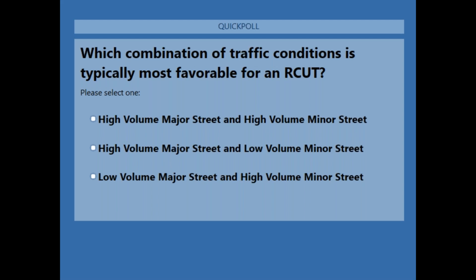And yes, when we think about the need for signalization, it's not just total volumes, but truck volumes that we need to consider, because a truck does need a longer gap to make the U-turn maneuver. So lighter truck volumes making the U-turns versus heavier truck volumes can certainly make a difference in terms of where we might decide the tipping point is from going to non-signalized to signalized. Great question.